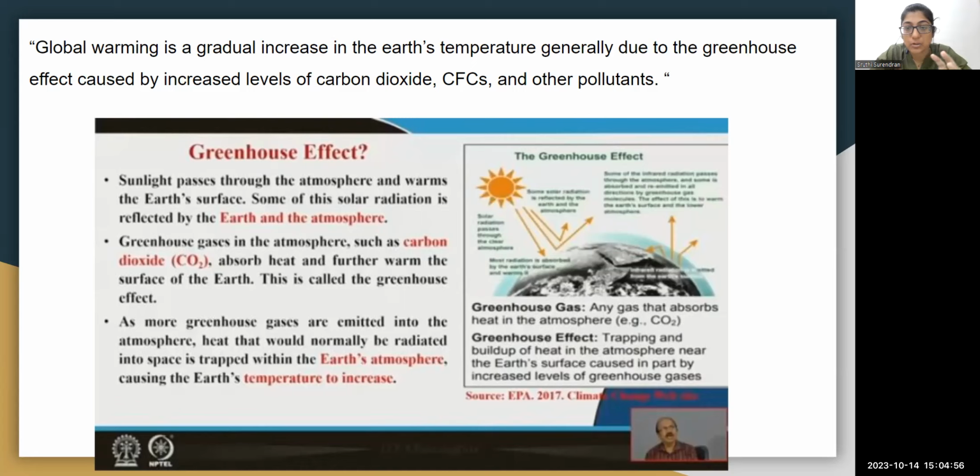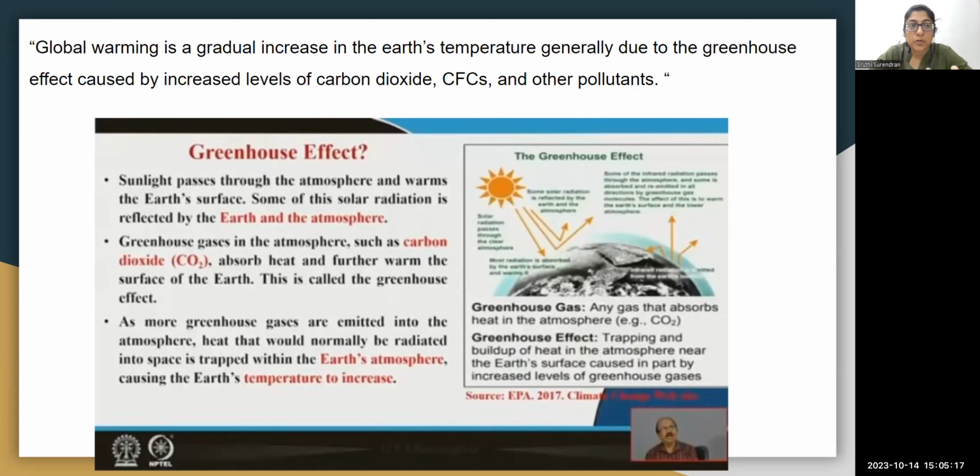Although it is a very natural process, the problem is when the amount of these gases which are trapping the heat energy increases, a lot of heat is trapped, and as a result of this, the temperature keeps on increasing. So this is what is causing the global warming.